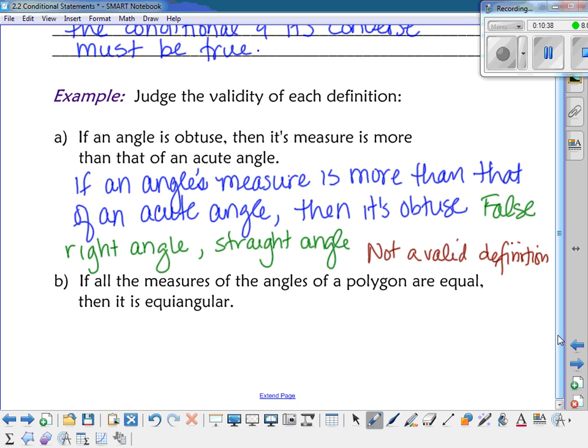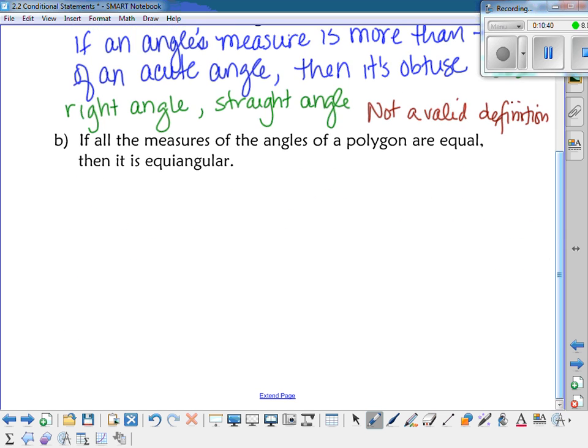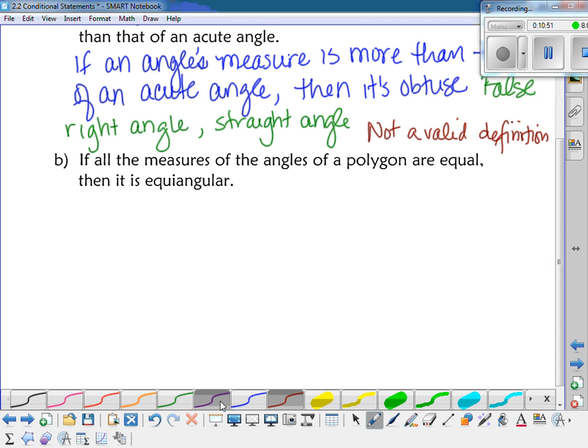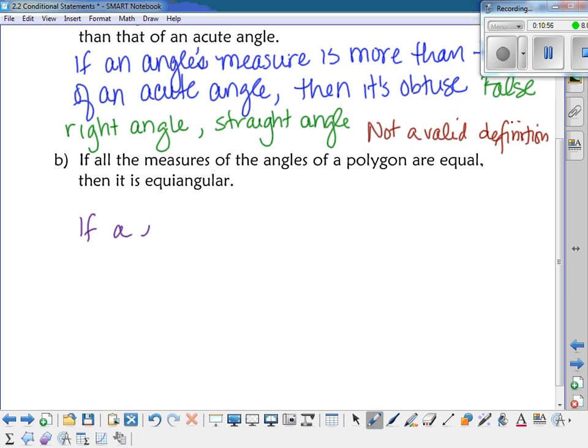Okay, so let's take a look at our second part of our example. If all the measures of the angles of a polygon are equal, then it's equiangular. So I'm going to write the converse. If a polygon is equiangular, then all the measures of the angles are equal.